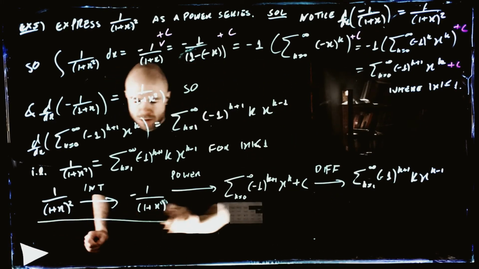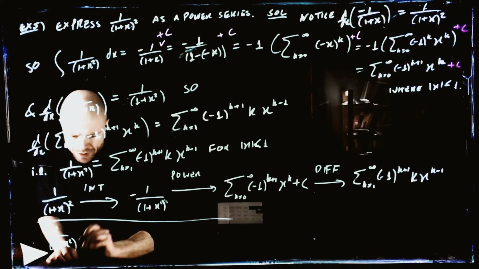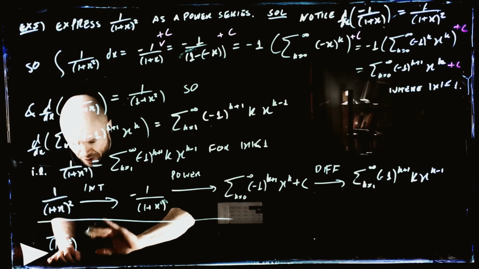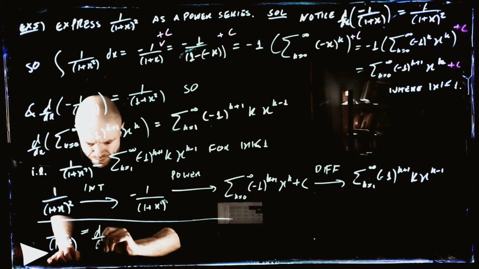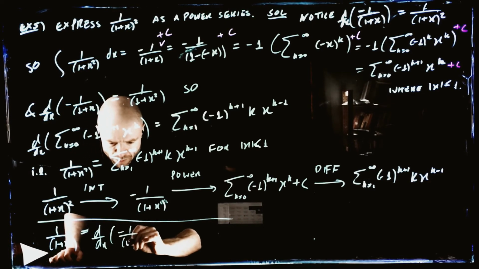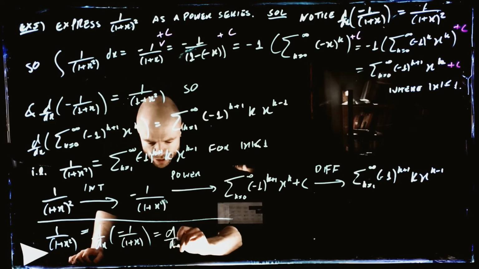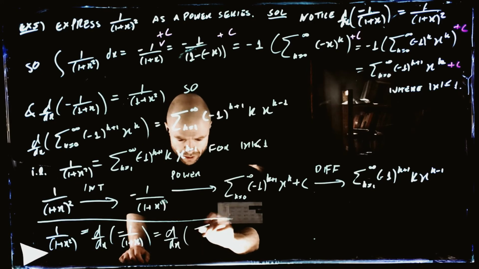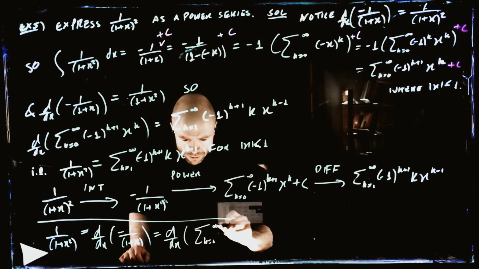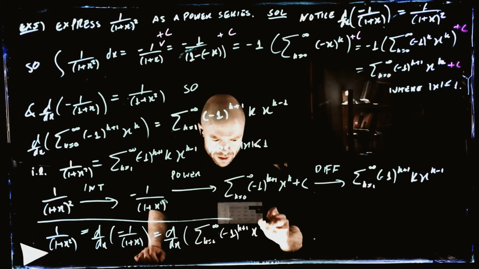So if I was doing this on my own, I would just write it like this. I would say, okay, I know what this is. This is the derivative of minus 1 over 1 plus x. And I know what that stuff is. I can power series expand it. K equals 0 to infinity minus 1 to the k plus 1, x to the k.